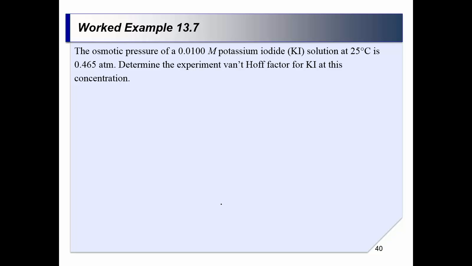So if we're going to work this example, the osmotic pressure of a 0.01 molar potassium iodide solution at 25 degrees Celsius is 0.465 atmospheres. So we're told the osmotic pressure is 0.465 atmospheres. Determine the experimental Van 't Hoff factor. Well, pi equals i, capital M, RT.